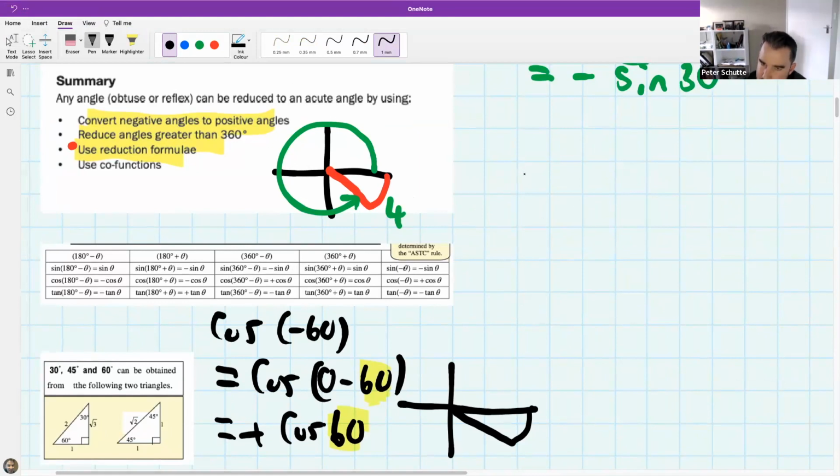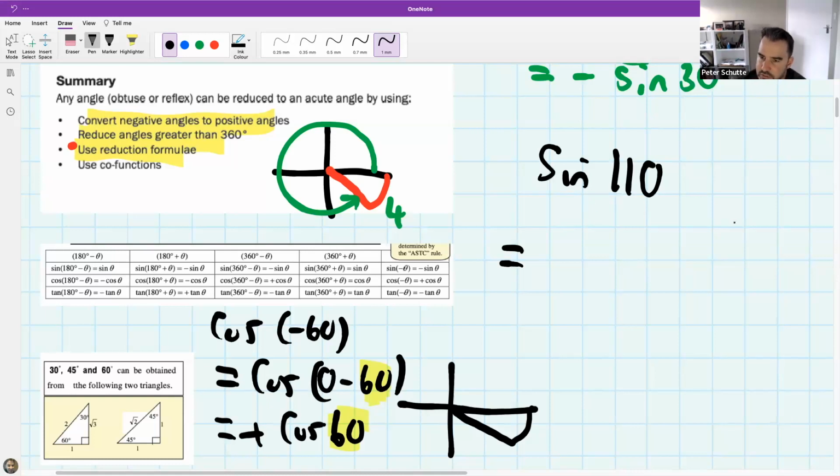Okay, so what do I mean by co-functions? Sometimes you may want to reduce something to the nearest vertical and change the ratio from a sine to a cos. The way this works is that instead of rewriting it in terms of the nearest horizontal, you write it in terms of the nearest vertical.